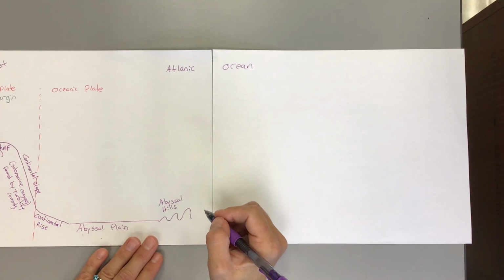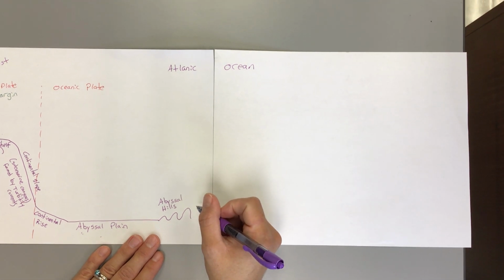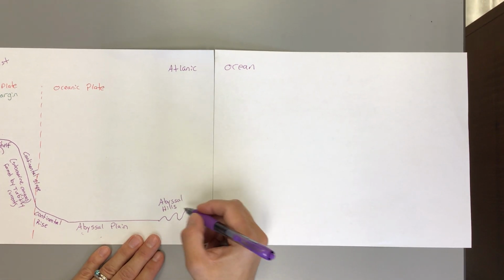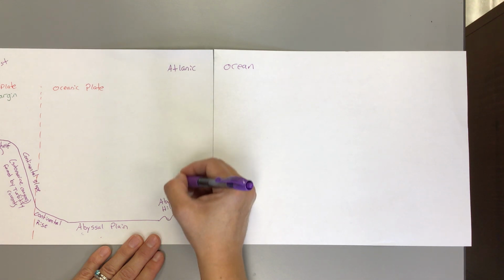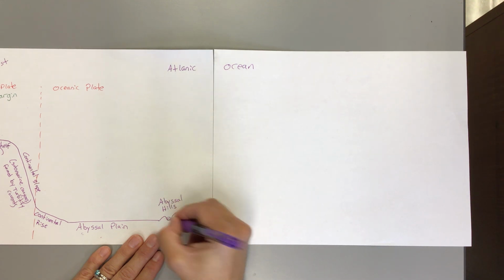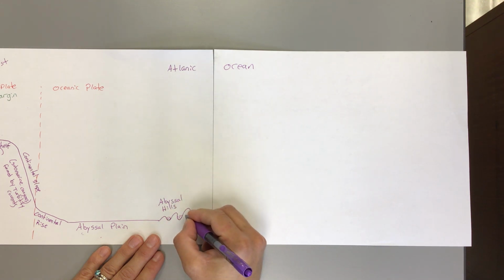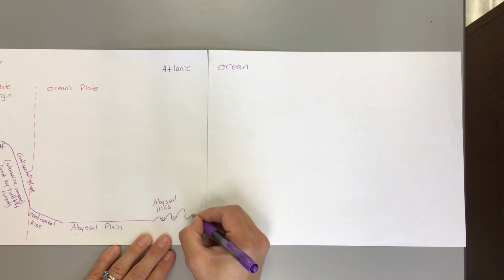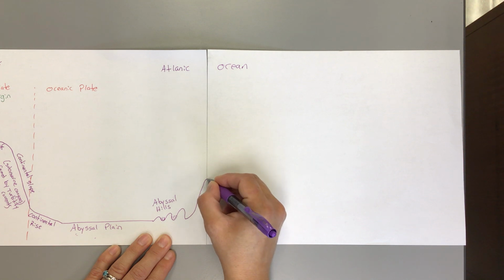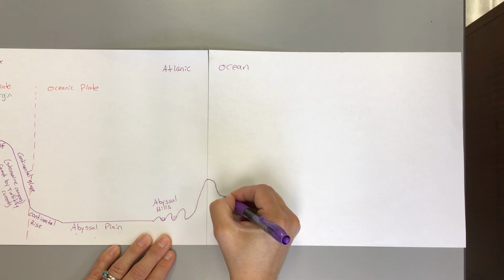The abyssal hills are actually old mid-ocean ridges that are starting to get buried. So over time we have what's called marine snow, which is dead organisms, and that's going to fall down the ocean. It's going to slowly bury my mid-ocean ridges. So all we're really looking at is the top of my mid-ocean ridges. So eventually we'll get a bigger mountain.